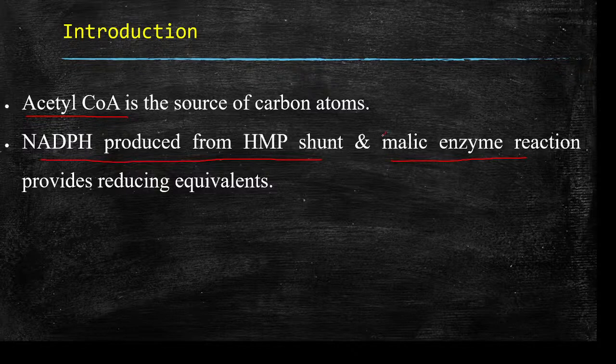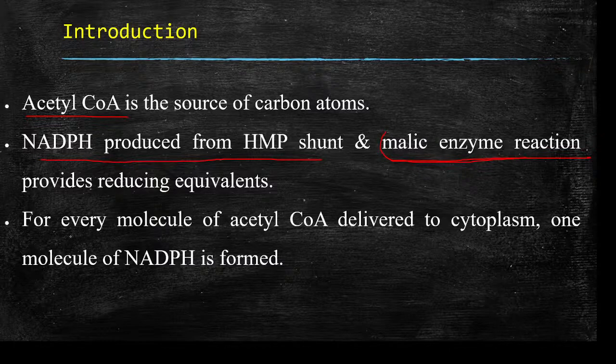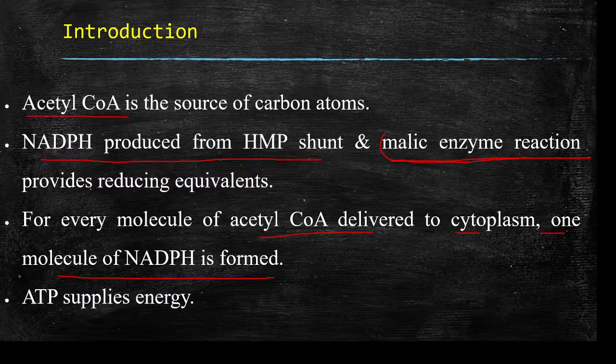So we will look into it. What is the malic enzyme reaction? For every molecule of acetyl CoA delivered to the cytoplasm, one molecule of NADPH is formed. The energy required for the anabolism, that is for the biosynthesis of fatty acid, is supplied by ATP.